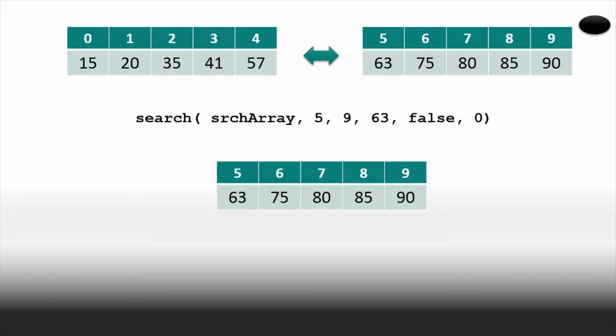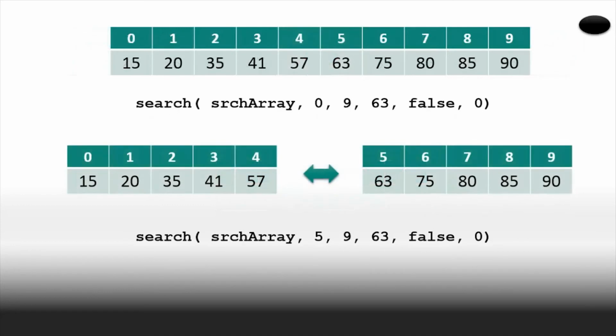Well, it can't be in the 15 to 57, so we're going to discard that. So we're going to make a recursive call to the search function, and in this case, we're simply going to pass 5, the midpoint, and 9 in order to make the function call. So have we found the value? If we have not, we walk the same process again. We divide it.